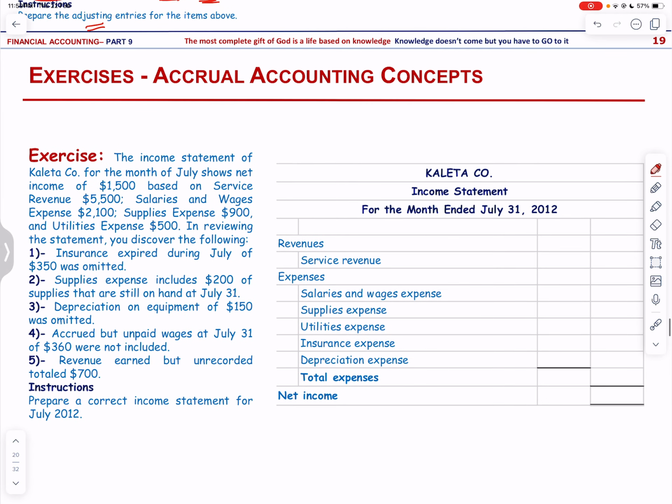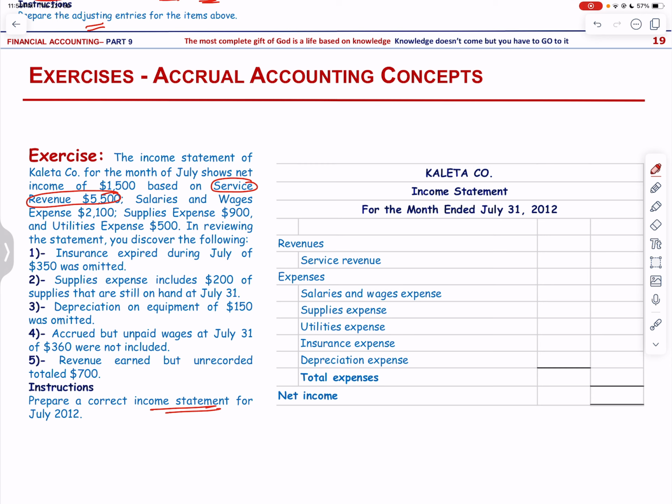The income statement of Kaleta company for the month is as follows. We have service revenue and we have to prepare the income statement. So we have the service revenue and you can see that there are two service revenues. Service revenue number 1, 5500, and there is another service revenue.